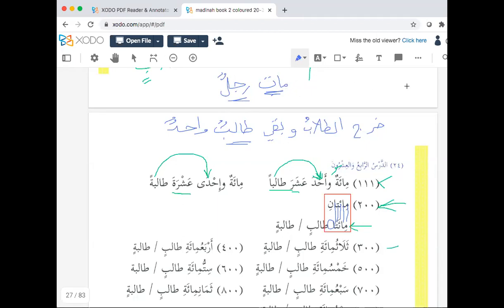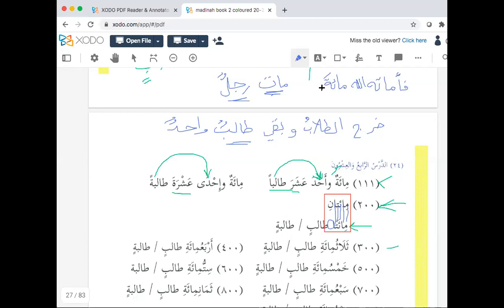As Allah Ta'ala says in the Quran, this is coming later, فَأَمَاتَهُ اللَّهُ مِئَةَ عَامٍ ثُمَّ بَعَثَهُ. Allah caused him to die for 100 years. This is in Surah Al-Baqarah, one of the 5 stories where Allah Ta'ala brought the dead back to life.